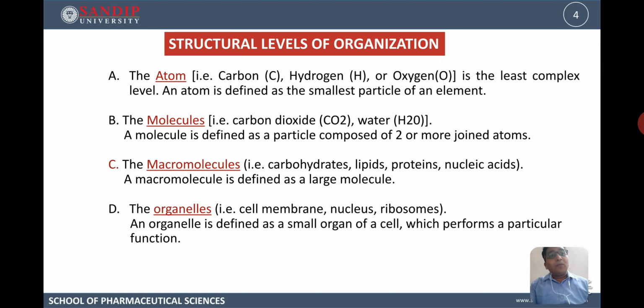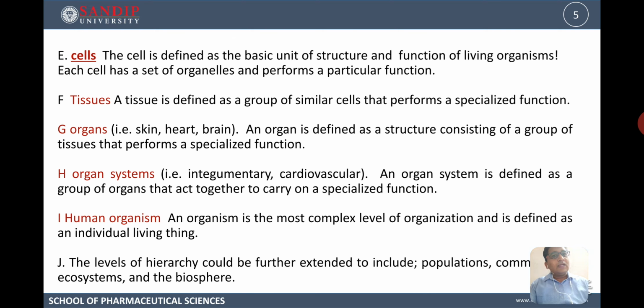Then a group of macromolecules is known as organelles. Organelles, for example, cell membrane, nucleus, ribosomes. A group of organelles is known as a cell, and the cell is the structural and functional unit of a living organism.